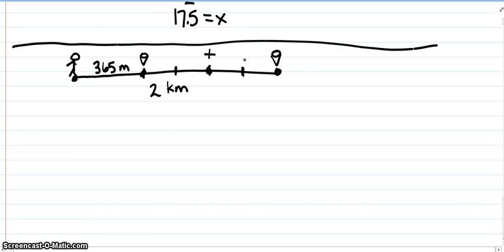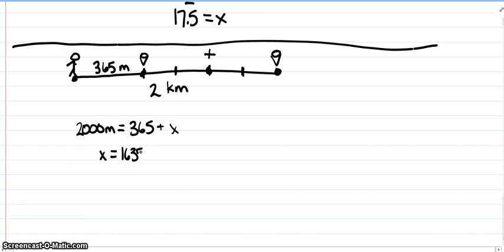So to do that, we're going to convert that to 2,000 meters. So that's the whole thing. So then we're going to get 365 plus x, this whole segment in here. So it's 365 plus the 2 drink stations distance would be that. So once we subtract, and I'm going to have to hurry because I'm almost out of time, x will equal 1635.